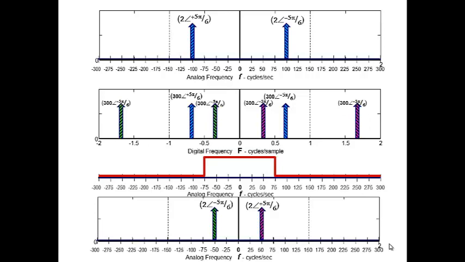Another way of saying that: inside the Nyquist range, or the magnitude of F alias has got to be less than Fs over 2. It could be negative.